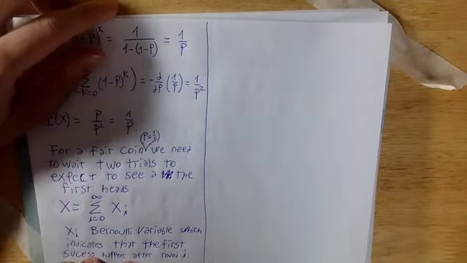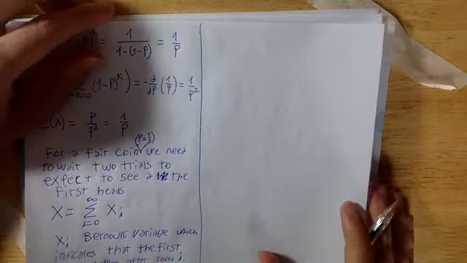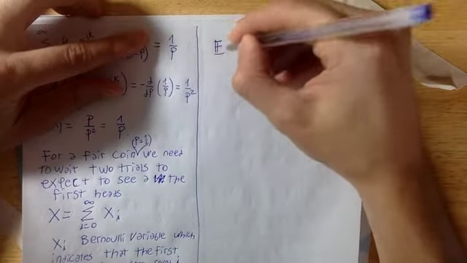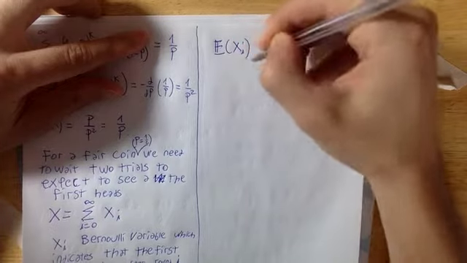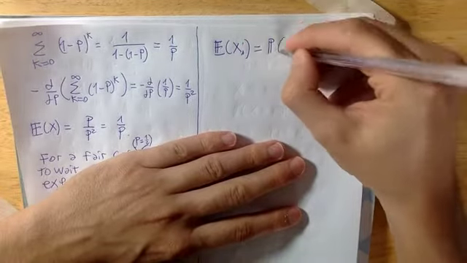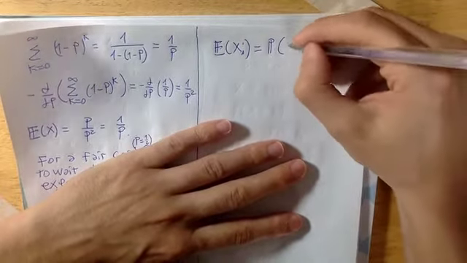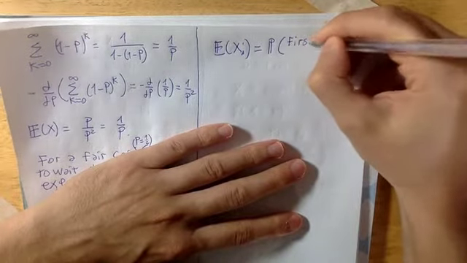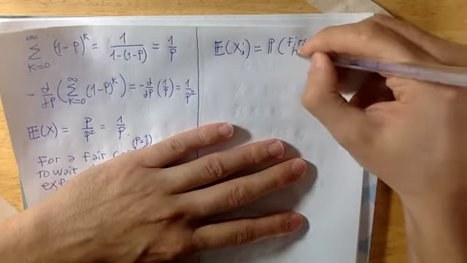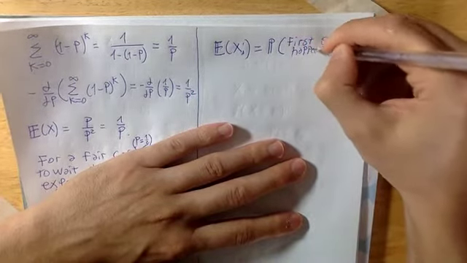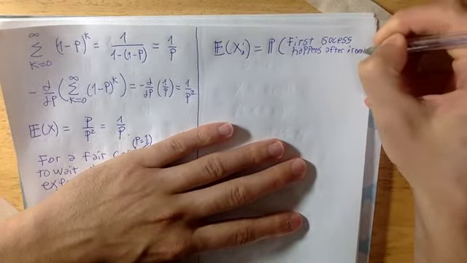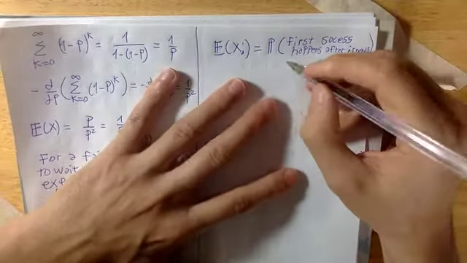Okay, so the expectation of xi is going to be the probability that the first success happens after i rounds. Okay, but what is the probability of this?